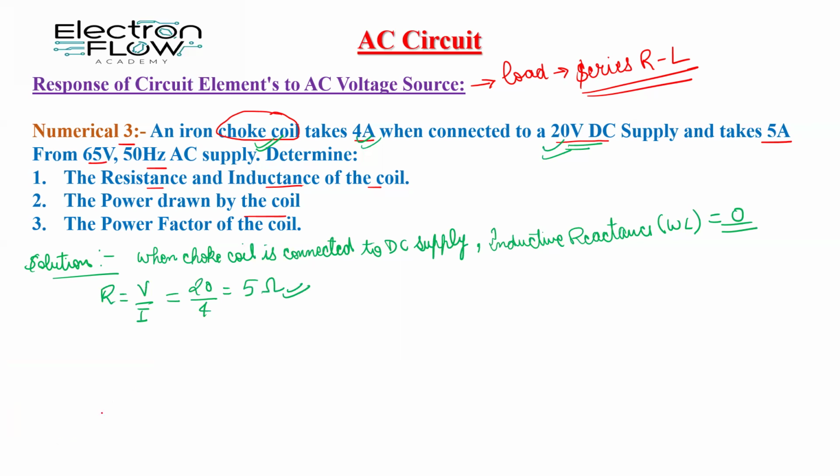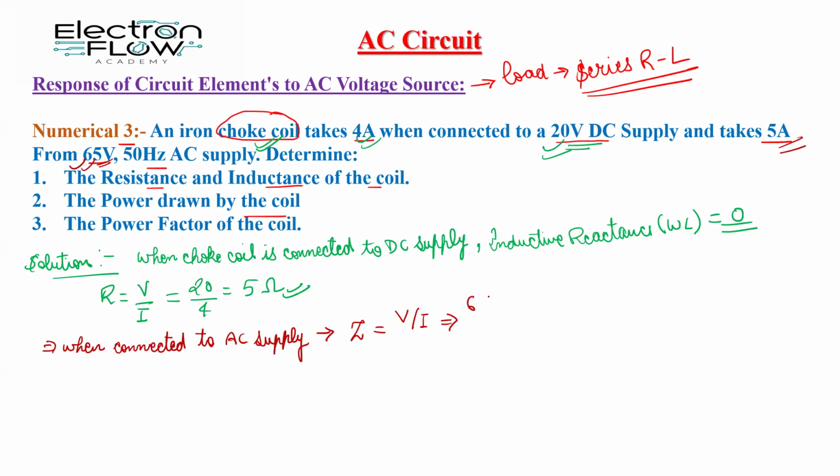The next thing that is asked: when connected to AC supply, we can calculate the impedance of the choke coil, Z. We know the formula of the impedance, which is equal to V upon I. The voltage given is 65 volt, which is AC, and the value of the current in the AC case is 5 ampere.